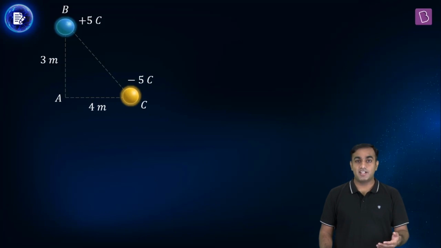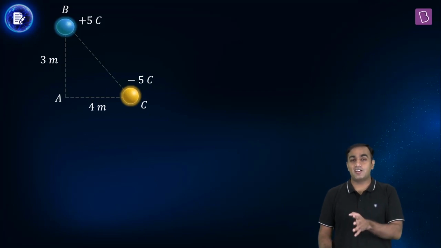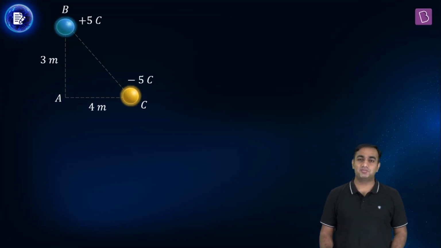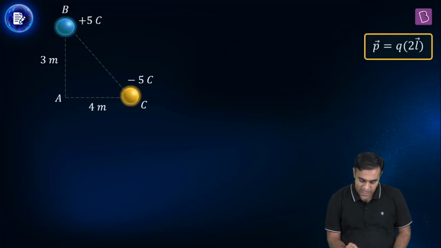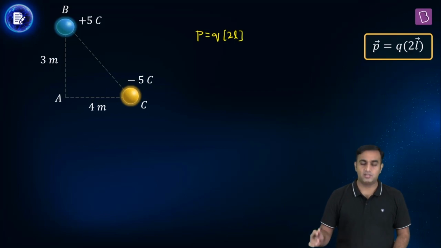We also associate a vector quantity called electric dipole moment vector with this dipole because it becomes easy for us to express the electric field created by this dipole in terms of the electric dipole moment vector itself. What is the magnitude of such electric dipole moment vector? Simple. It can be written as P equals Q into 2L.